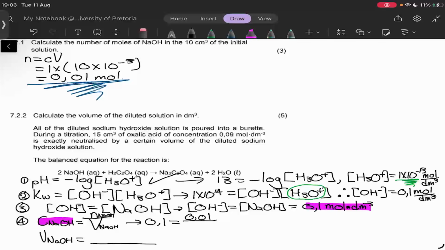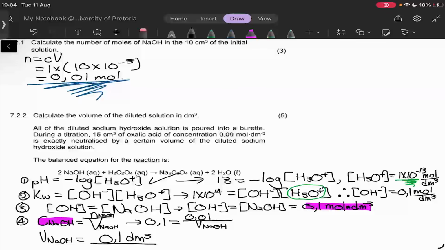And then that's divided by V for the volume. But we don't know the volume as of yet. With the volume being the unknown variable, I just do some simple algebra. And I then end up with V being equal to 0.1 cubic decimeters.